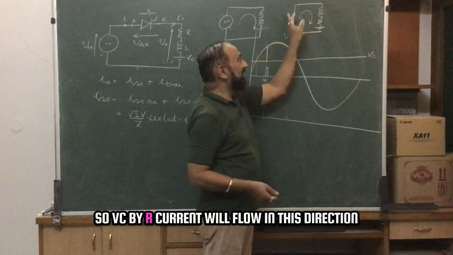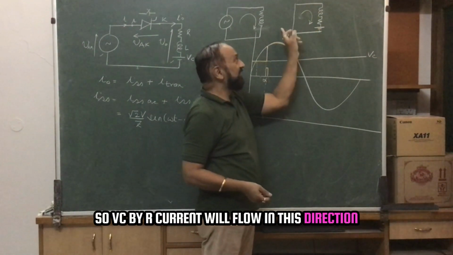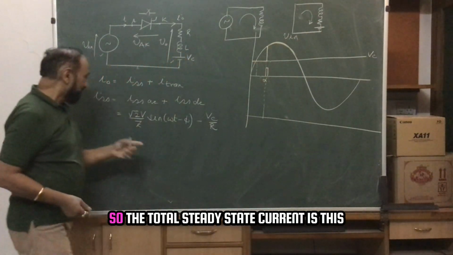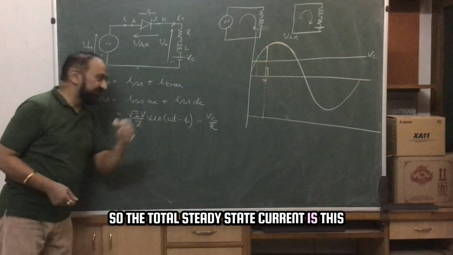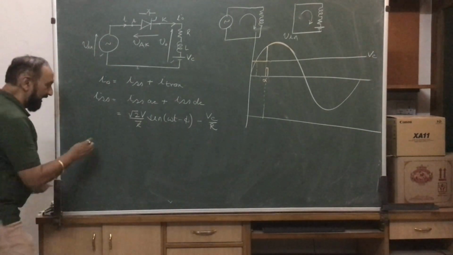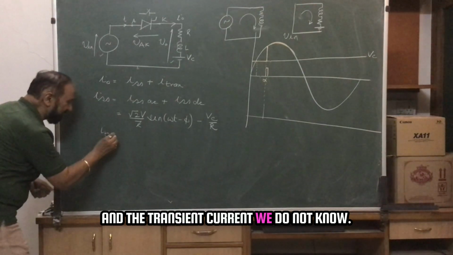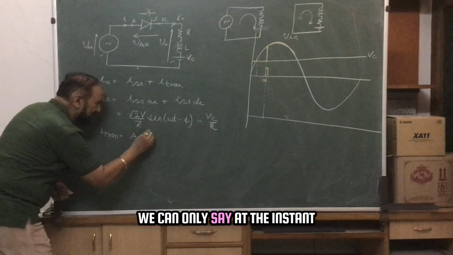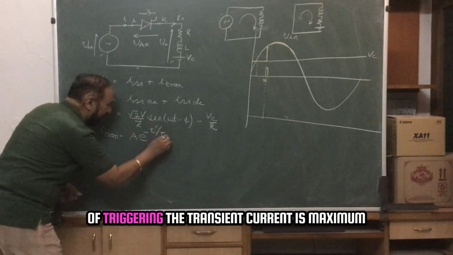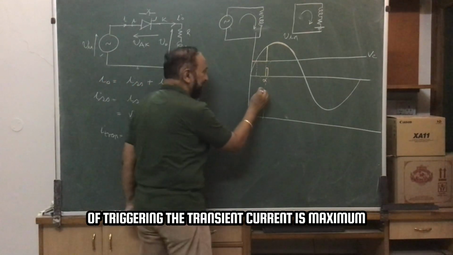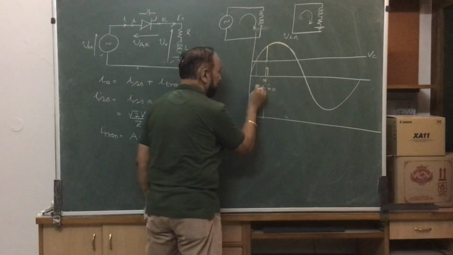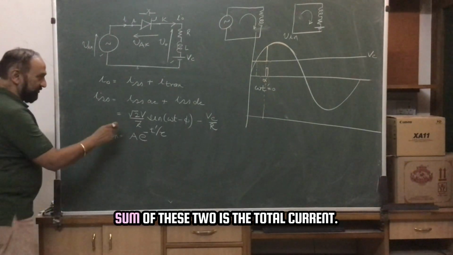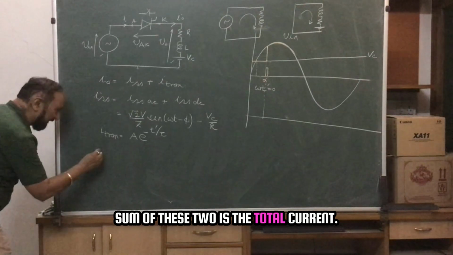So VC by R current will flow in this direction, or in the assumed direction it will be minus VC by R. So the total steady state current is this. And the transient current we do not know. We can only say at the instant of triggering this transient current is maximum. Sum of these two is the total current.